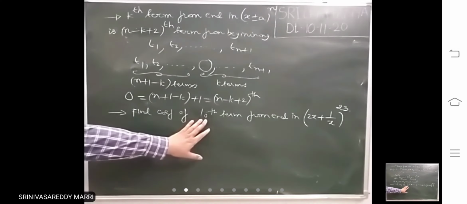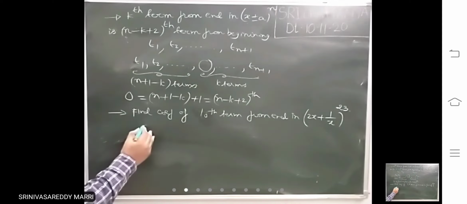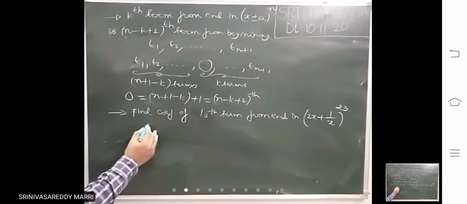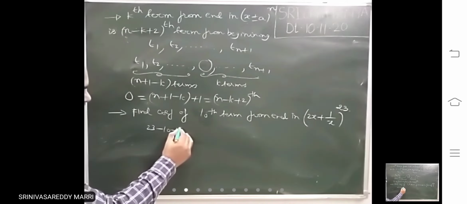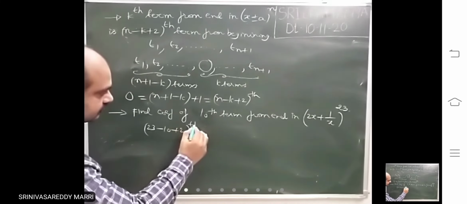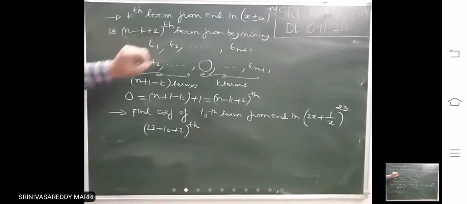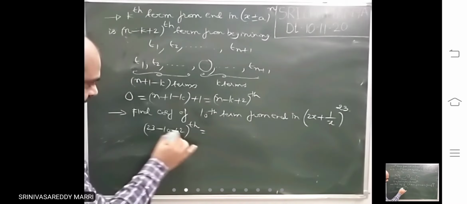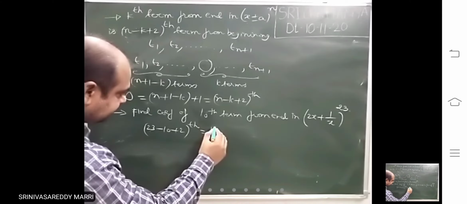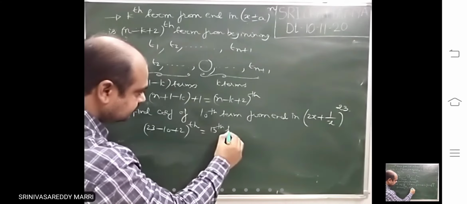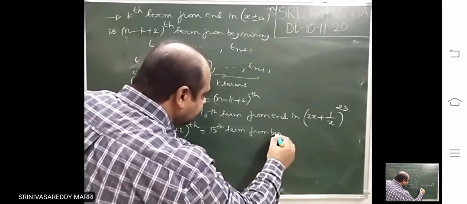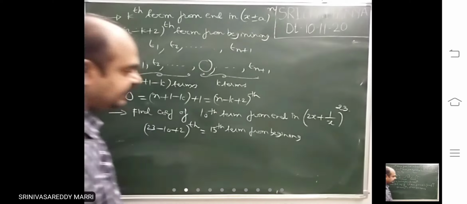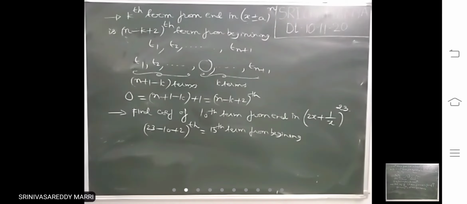Suppose you have to find the coefficient of the 10th term. What is the formula? 23 minus 10 plus 2th, right? This is n minus k plus 2th, that means 25 minus 10, the 15th term from the beginning. Now write the general term.